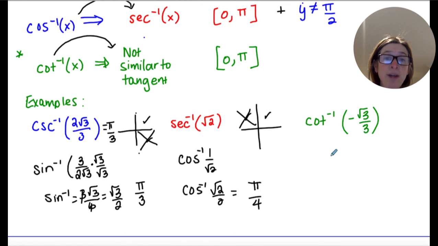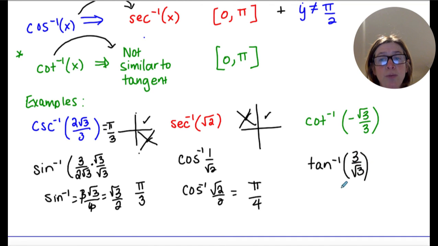All right, the last one, the tricky one. If I'm looking for inverse cotangent of negative root 3 over 3, I am going to use the tangent function just to find the value, which would be 3 over root 3, which is 3 root 3 over 3, which is root 3.